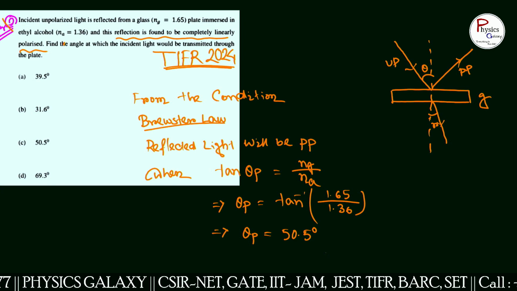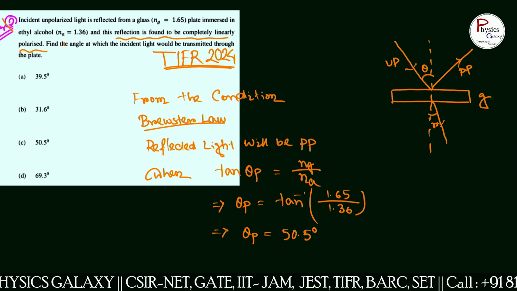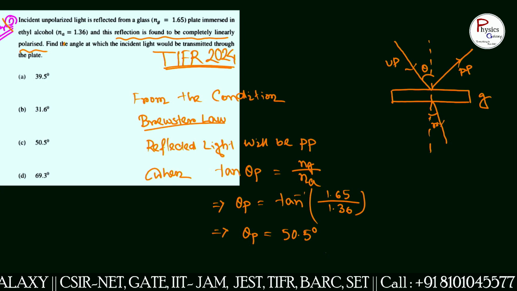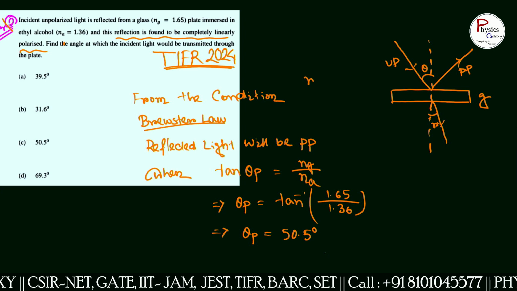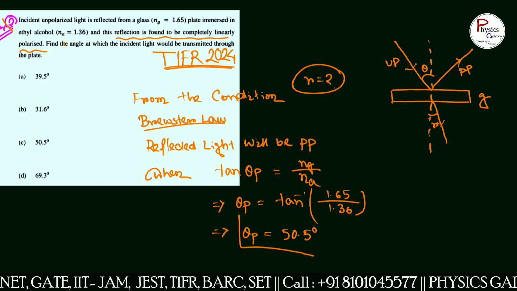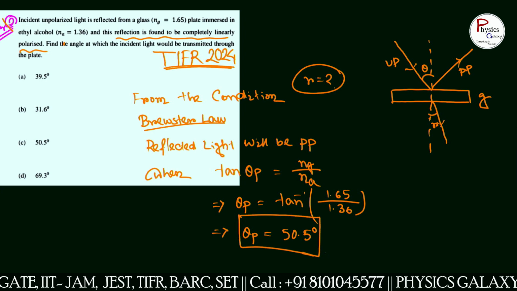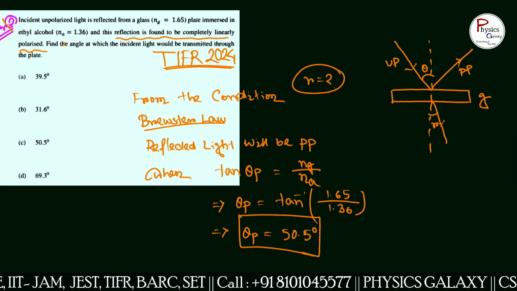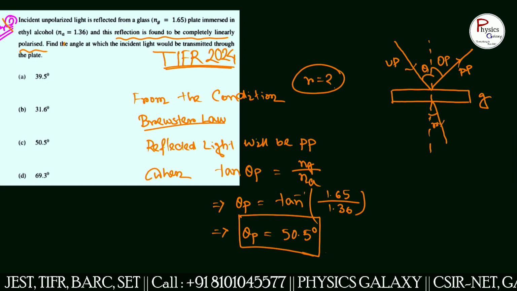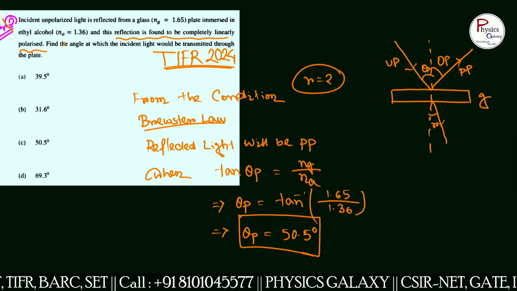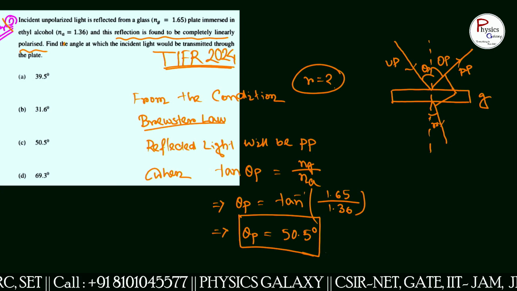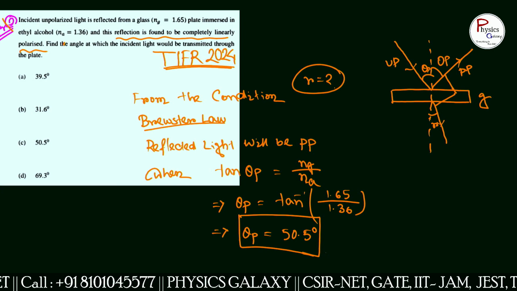But in the question, we are asked to find the angle at which the incident light would be transmitted. So we should find this angle R. Here we get the value of theta p. Next we use the angle between the transmitted ray and the reflected ray. From the Brewster law concept, we know that the sum of theta p and R will be 90 degree.